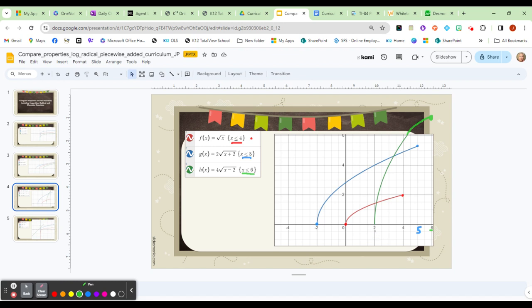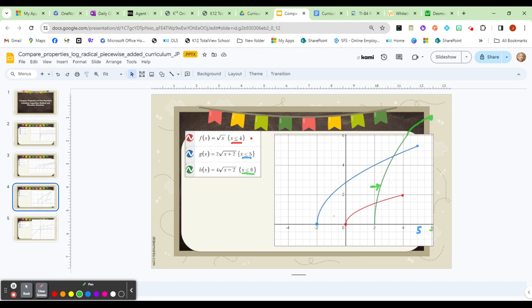So we can compare it that way. All three of these graphs have a similar shape because they're all square root functions, but they are steeper. So can y'all tell that the steepest is the green graph? If we talked about physically walking up the graph, it would be harder to walk up the green graph because it's steeper.